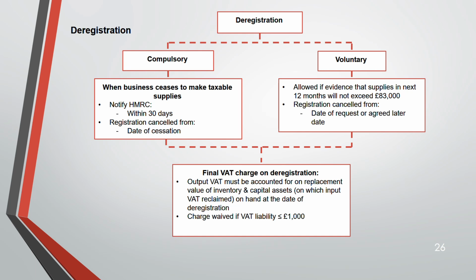That means it's taken off. It's withdrawn. Not levied if registration is transferred. If you are transferring the registration to a new owner rather than deregistering, then this final charge on deregistration is not levied. It's not charged on you. Remember, when you're deregistering, there is a final VAT that will be charged.